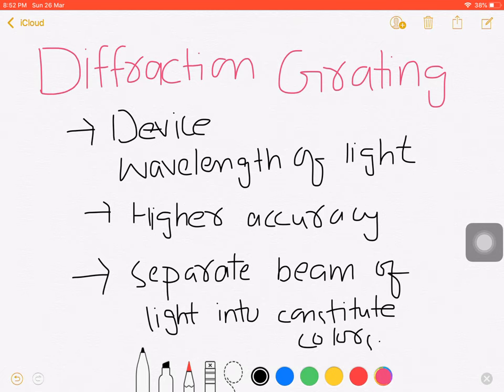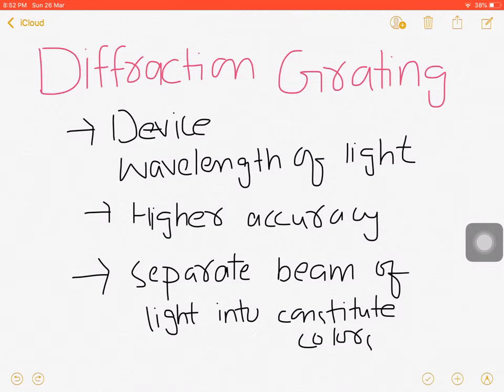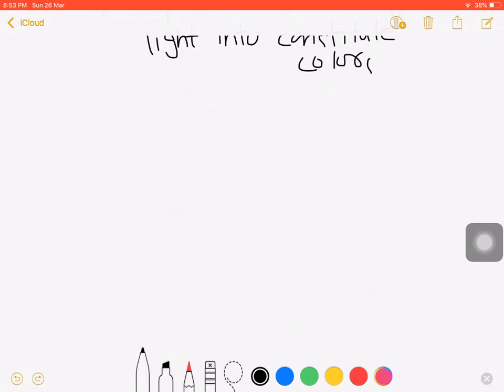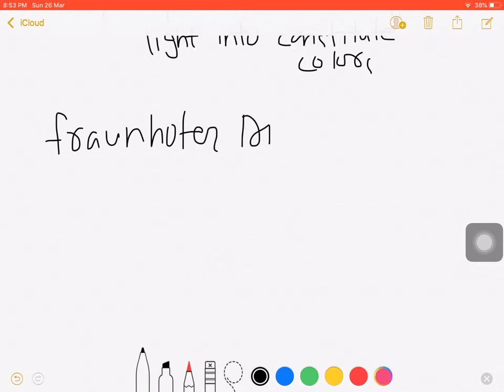Basically it uses Fraunhofer diffraction, in which there are parallel rays of light, like we have discussed in my previous video too.